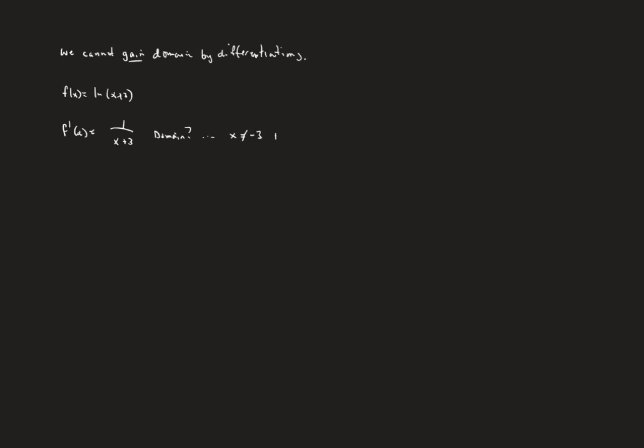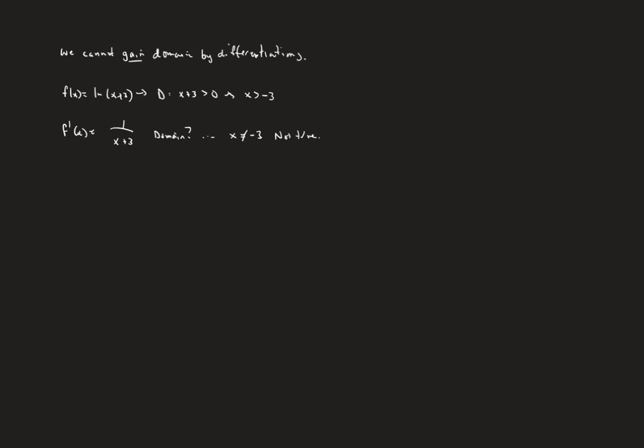This is not true, because remember, this came from this function, and our domain in the original, because that's in a logarithm, could only be values of x that make our logarithm argument strictly greater than 0. So that means we had only x greater than -3.